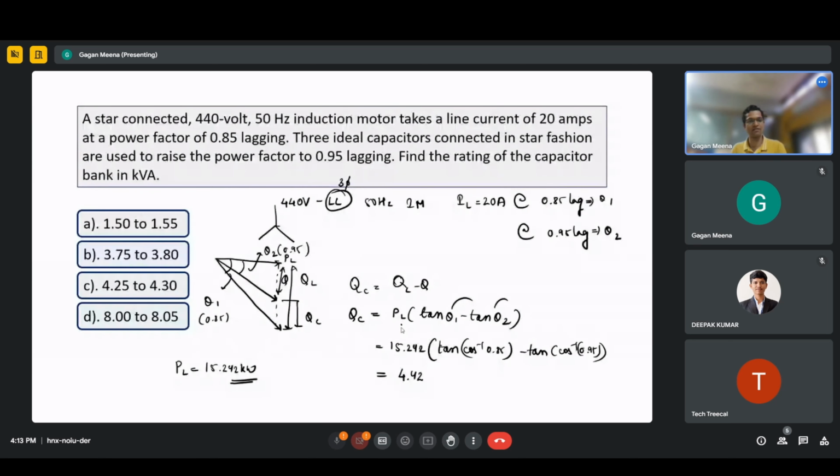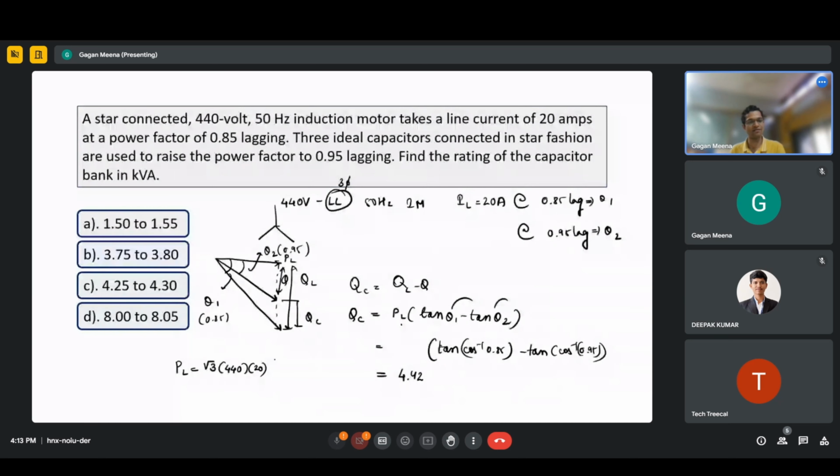Is this correct? Is this correct? P L should be root 3 into VL into IL.